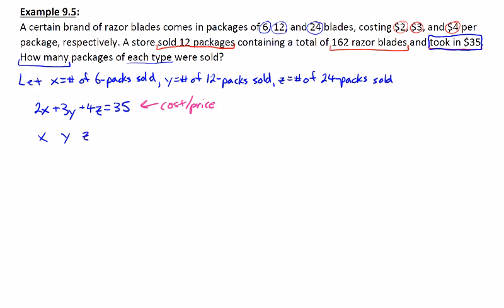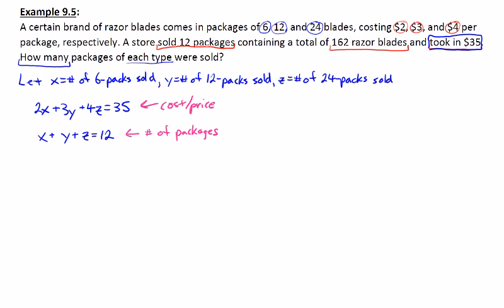So if I add all of these packages together, that should give me the grand total of 12 packages sold. So there is an equation here based off of the number of packages, which is a good thing because that's the thing we're looking for. It's the number of each type of package that's been sold.